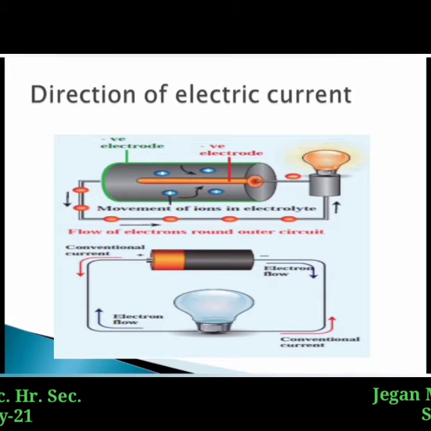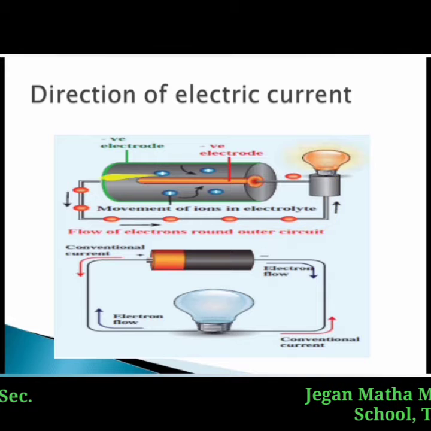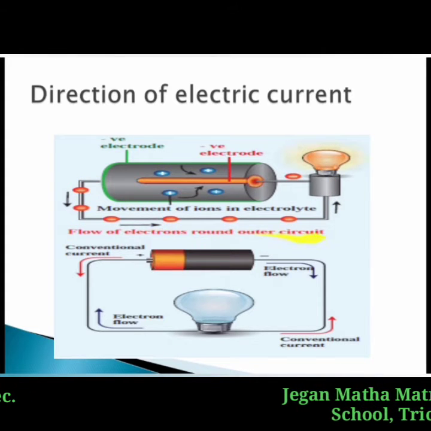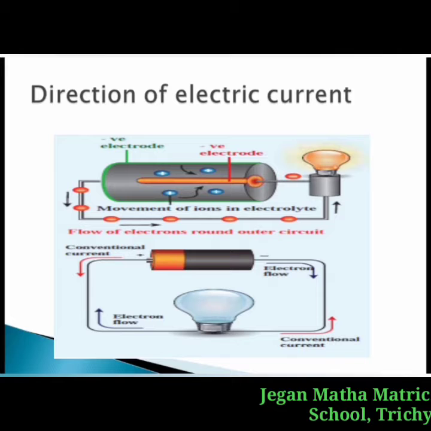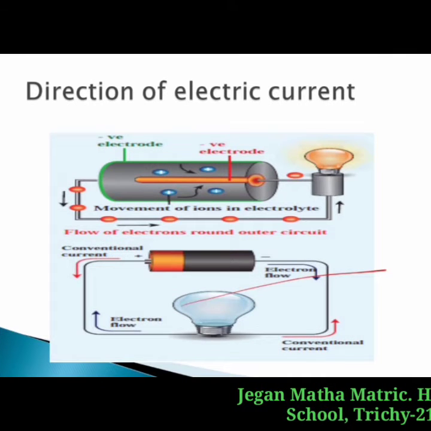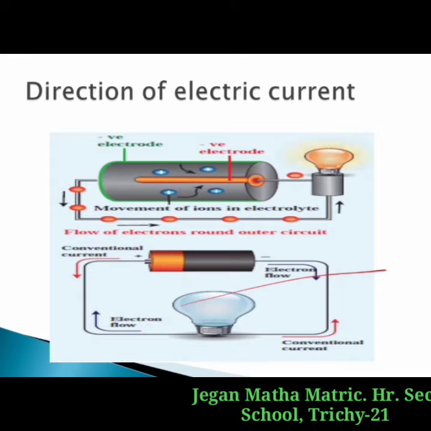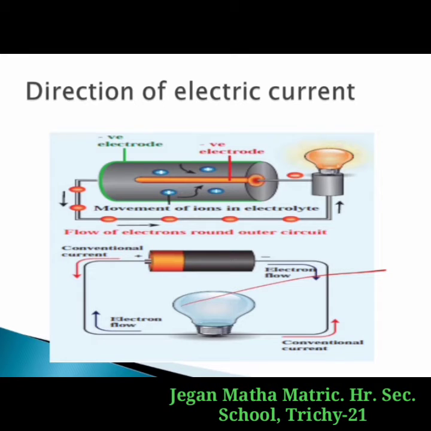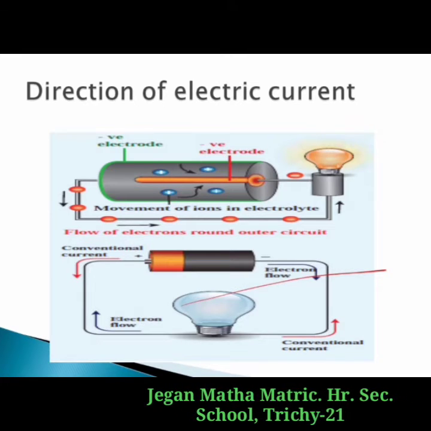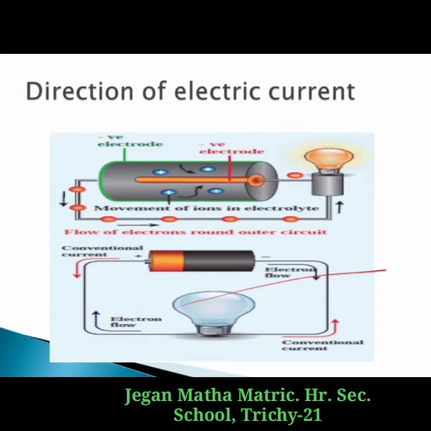So here electrons move in this direction, but the positive charges move in the opposite direction. In electrical circuits, the positive terminal is represented by a long line and the negative terminal by a short line. A battery is the combination of more than one cell.